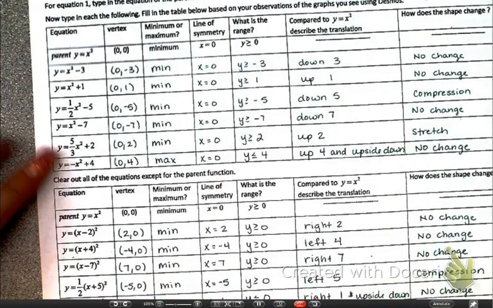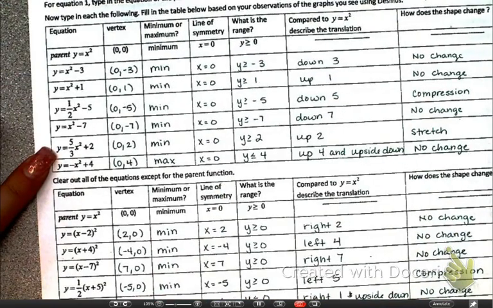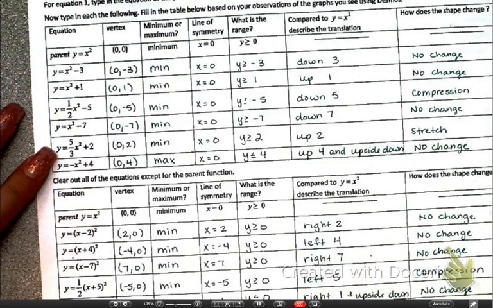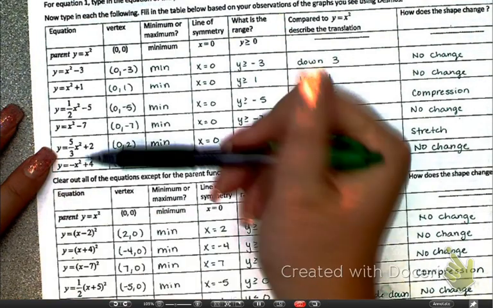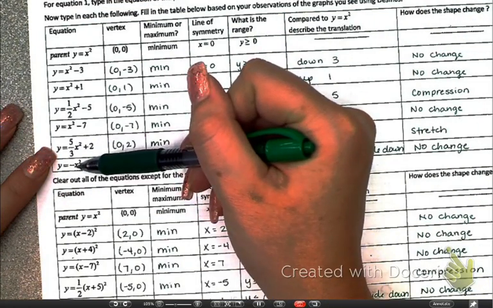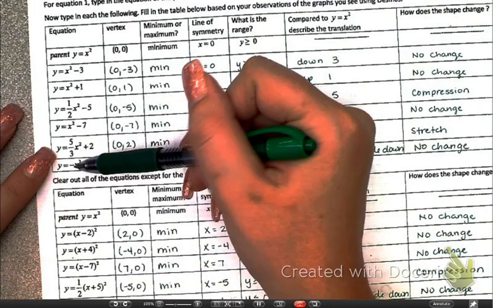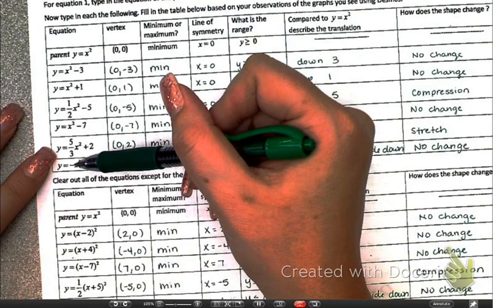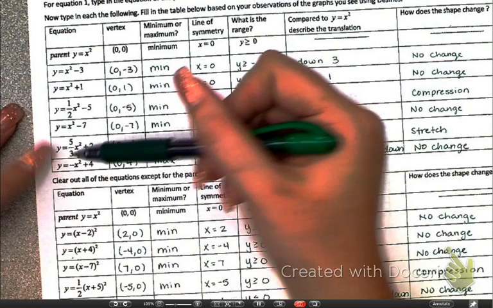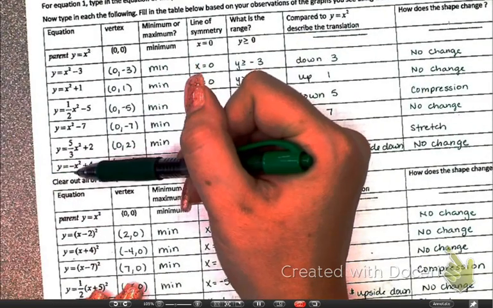What told me it opened up or down? This one opens up, this one opens down. How do I know? One's negative, one's positive. But what value is that? It's your A. A is negative 1, A is positive 5/3.